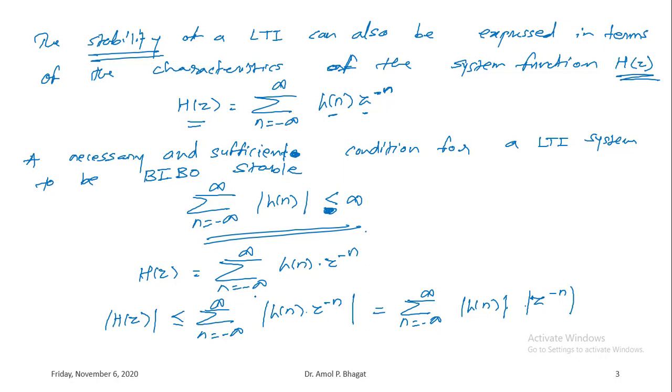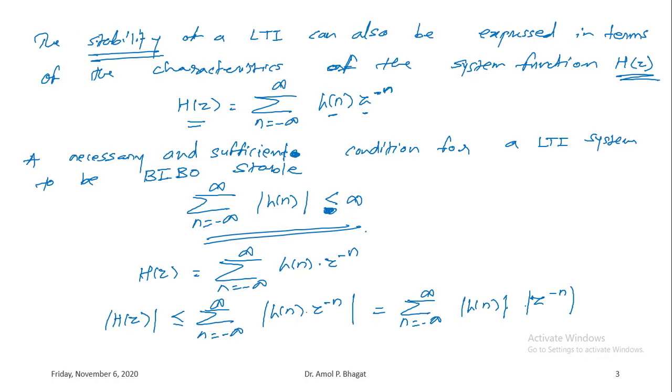When it is evaluated on the unit circle, what does it mean? When we take the last expression I wrote above, it is: the magnitude of H(z) is less than or equal to the summation over n from minus infinity to infinity of the magnitude of h(n) z^(-n).